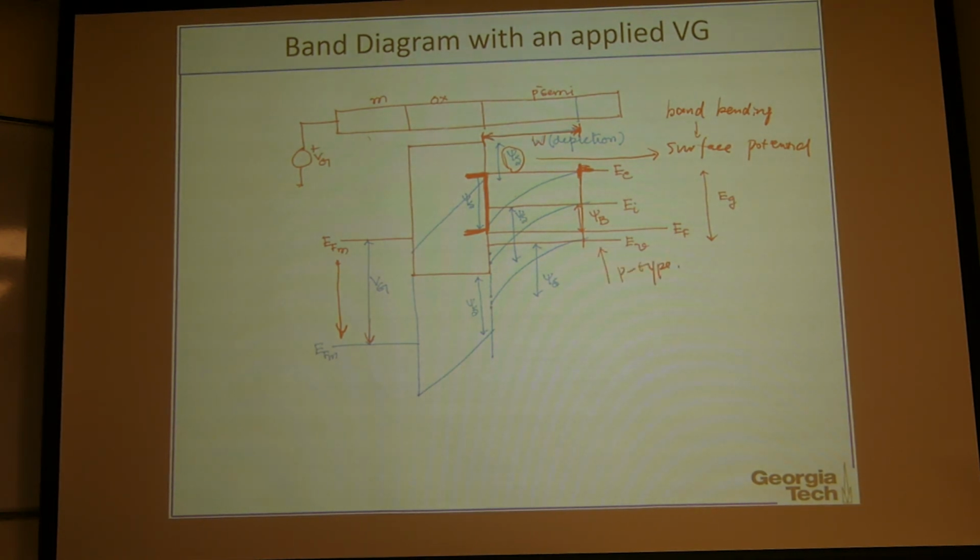But the surface now becomes n-type, because the EC is moved down from here to here by this phi s. And we call this bending of the band at the surface the surface potential phi s.